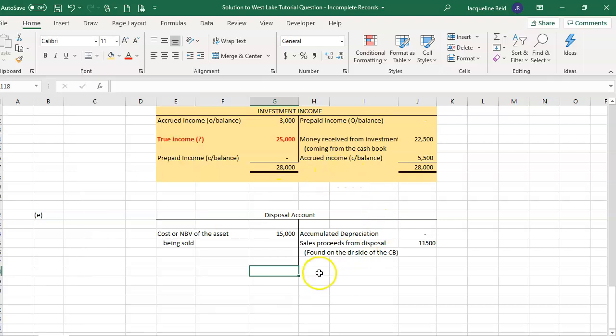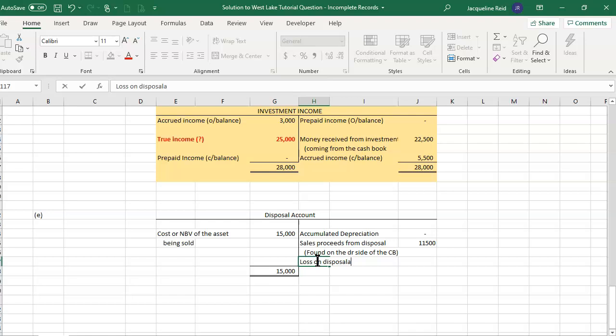Now, what is the implication here? Just look at the logic of it. If the asset is valued at $15,000 and it is sold for less than what it is worth, it means that our balancing figure must represent a loss on disposal, because you're selling it for less than it is worth.